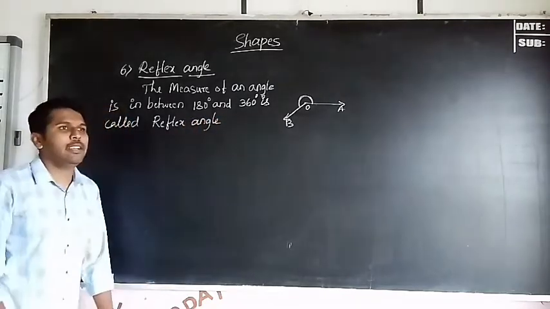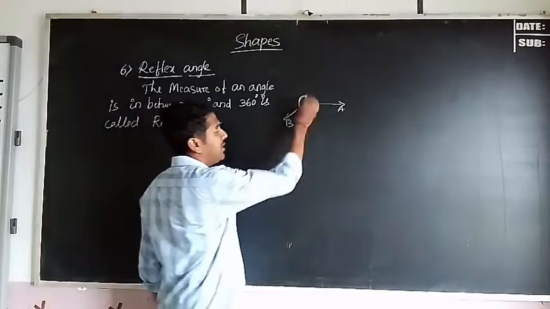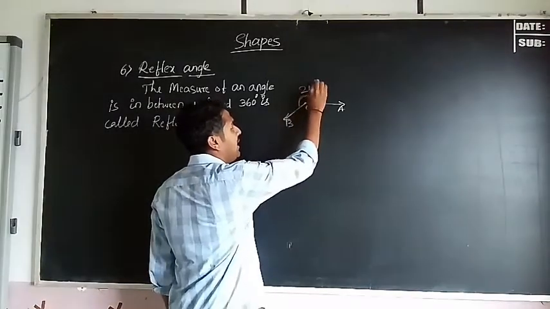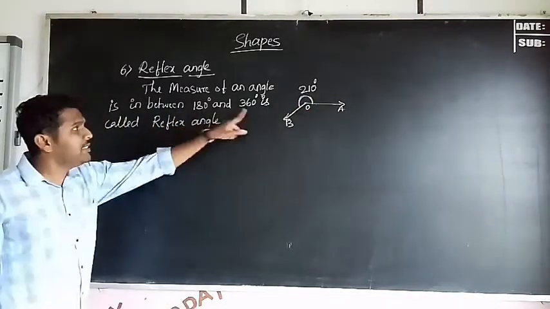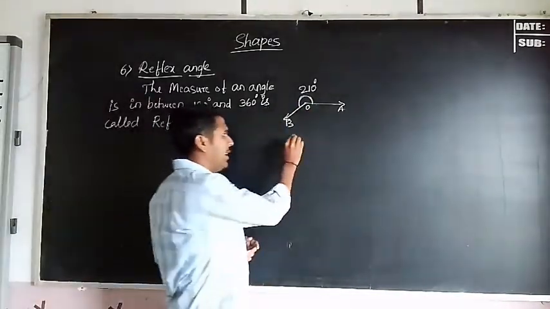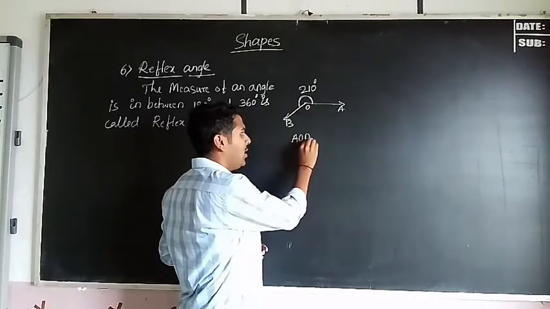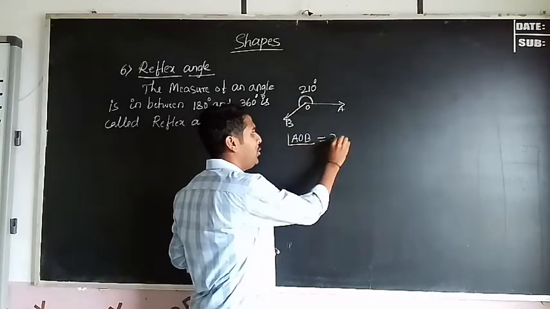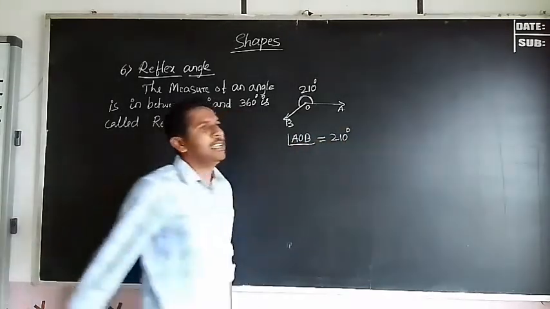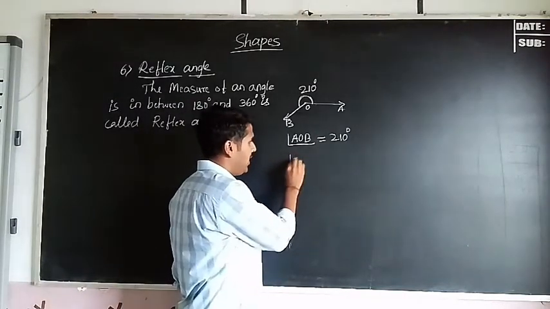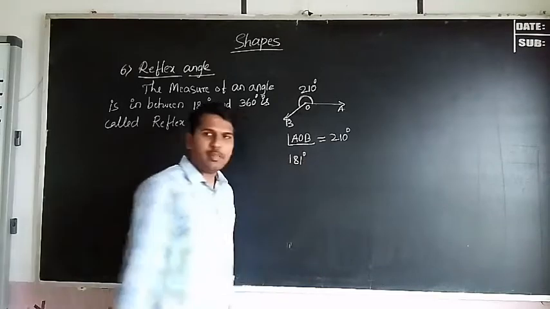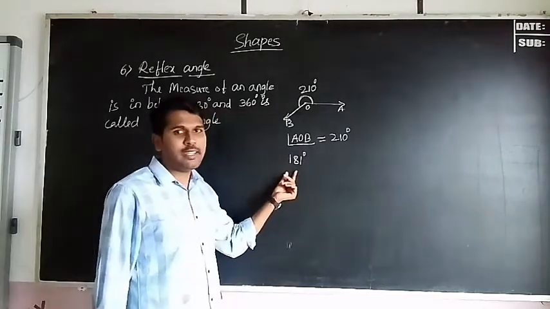Reflex angle. So this one, let us take 210. Here 210 is in between 180 and 360. So angle AOB is 210 degree. Write down some examples. 181 is also possible because this is in between 180 and 360.